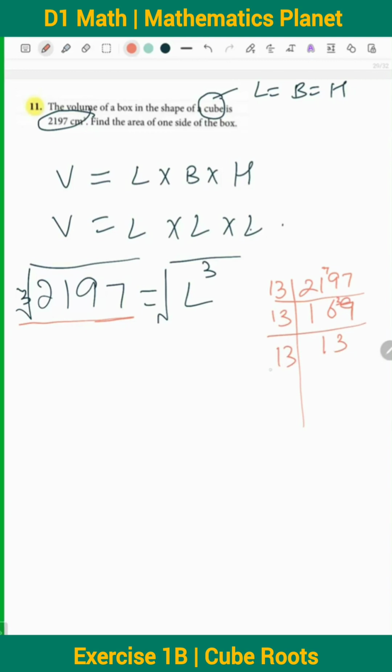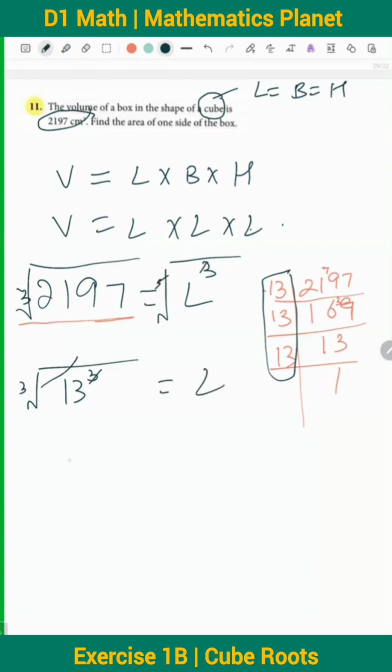So if we get 13, we get the pair of three 13s at a time. So what we are going to write here, cube root of 13 cube, and cube and cube root is going to cancel. So what we will get, 13 is equal to L.